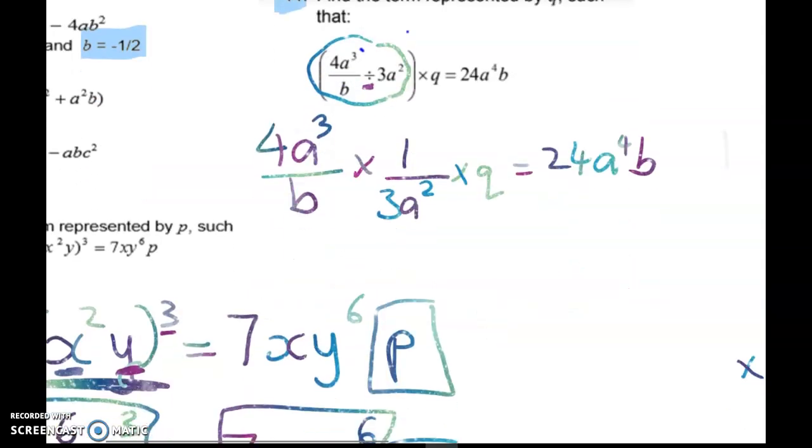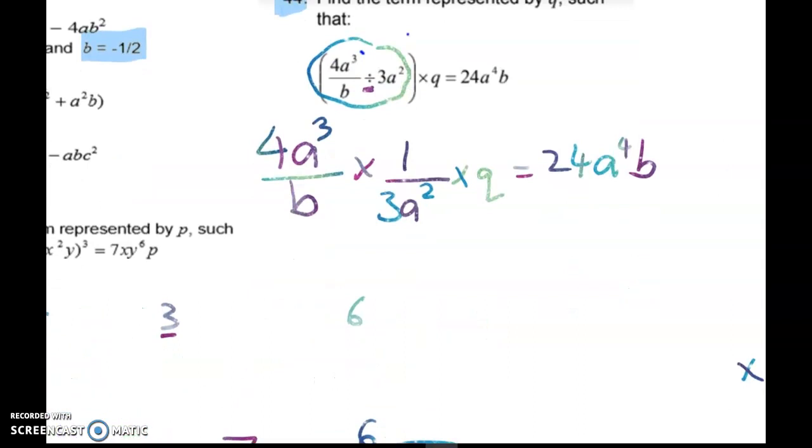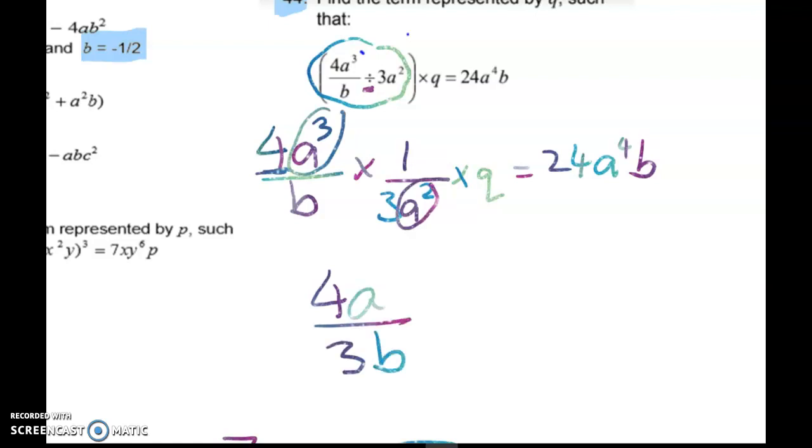Right, and so that's going to simplify things a little bit. Here we've got 4a from these over 3b times q is equal to 24a to the power of 4b.